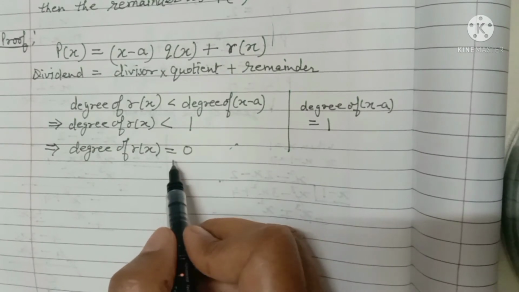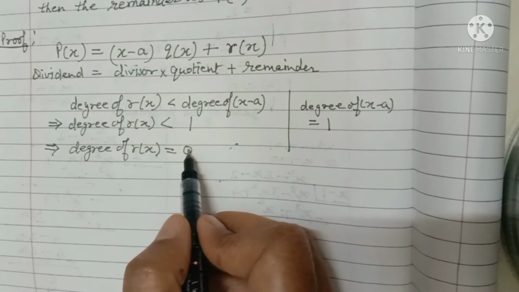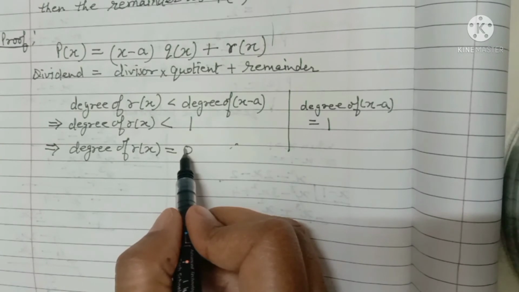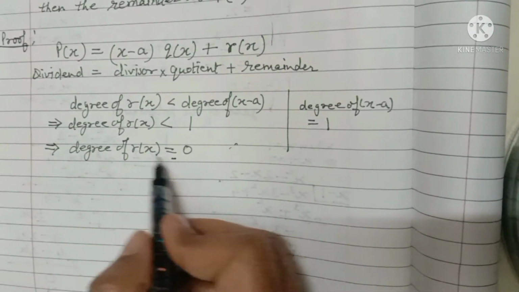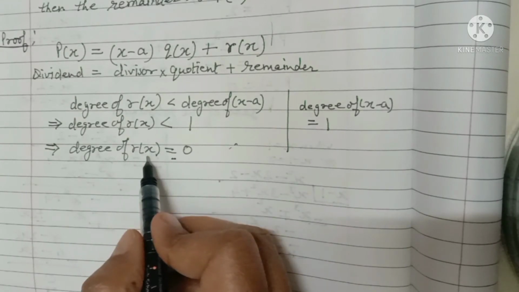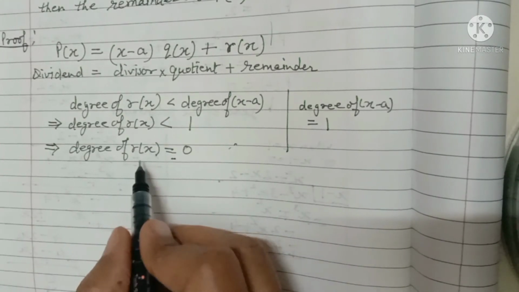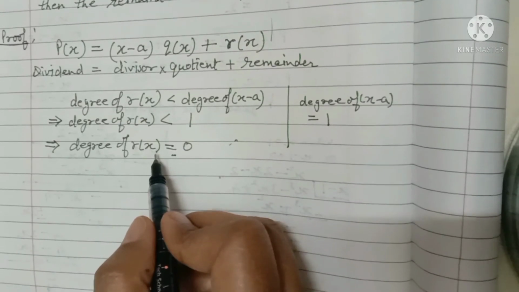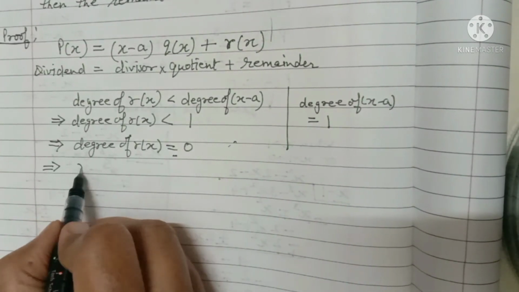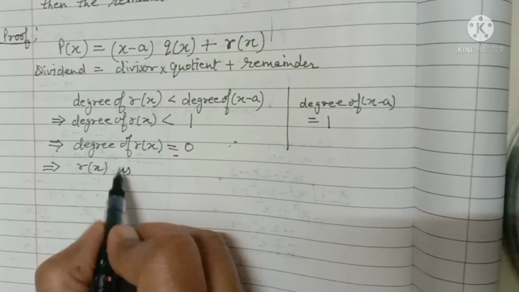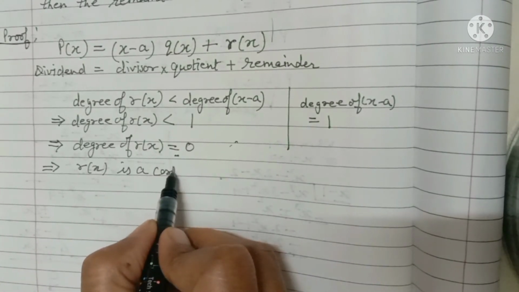And you studied about the constant polynomial. The constant polynomial is of degree 0. So it shows that the remainder is a constant polynomial, meaning it is a constant. So you can write it: it implies R(x) is a constant.